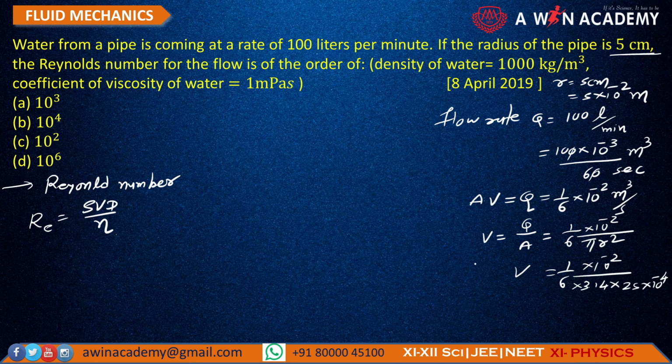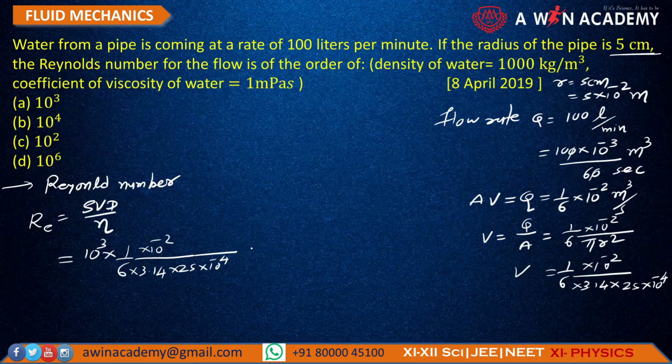And we know the formula of Reynolds number. This is rho V d by eta. The density of water is 10 raised to 3. Velocity, here you can put this all formula, 1 by 6 into 10 raised to minus 2 upon 3.14 into 25 into 10 raised to minus 4.